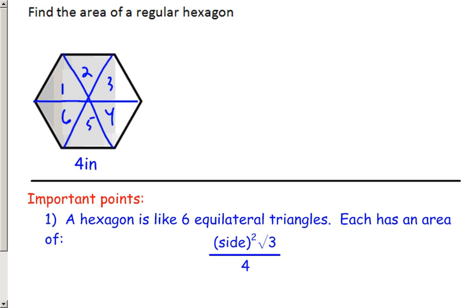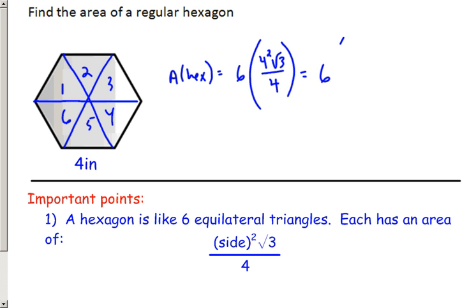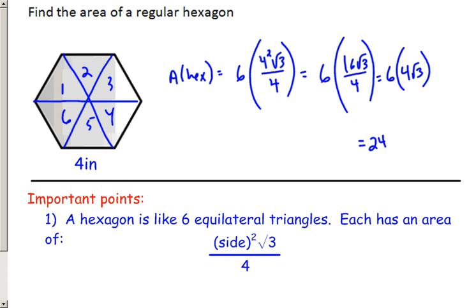So the area of the hexagon is 6 times 4 squared root 3 over 4, which is 6 times 16 root 3 over 4, which is 6 times 4 root 3, giving a total area of 24 root 3. It's inches squared because we're still talking about area. And that's the area of a regular hexagon. Okay?